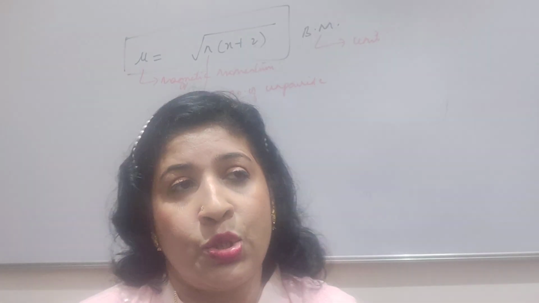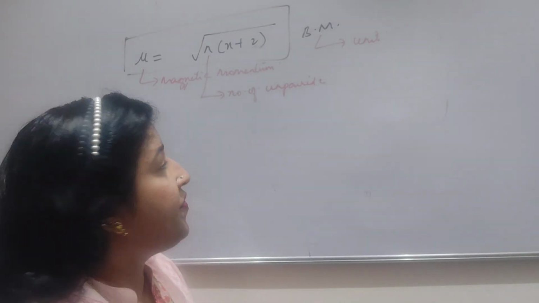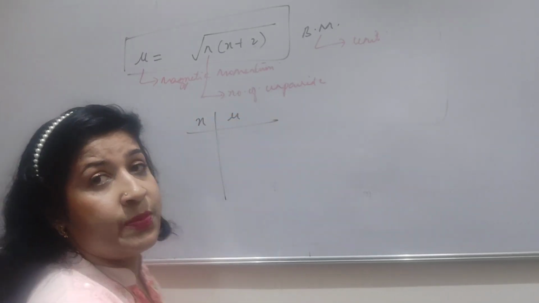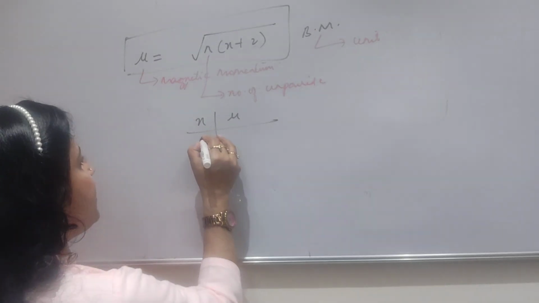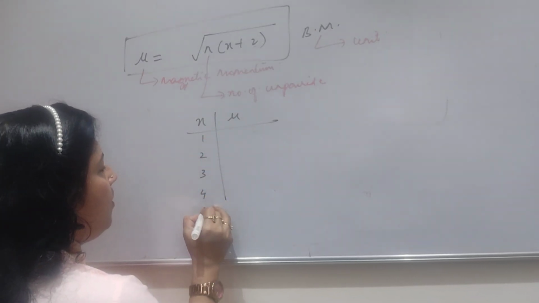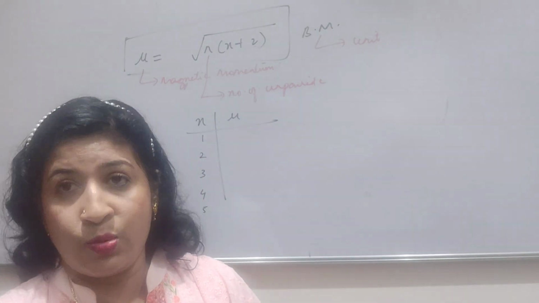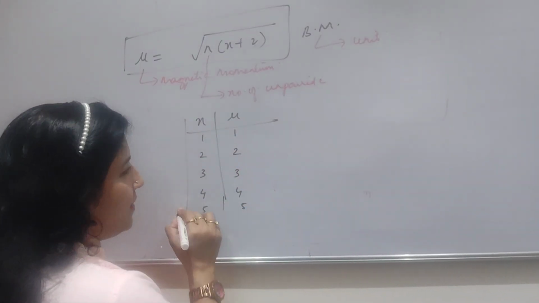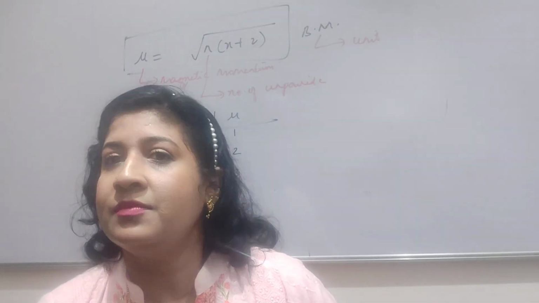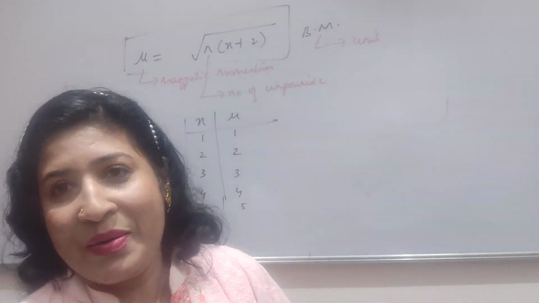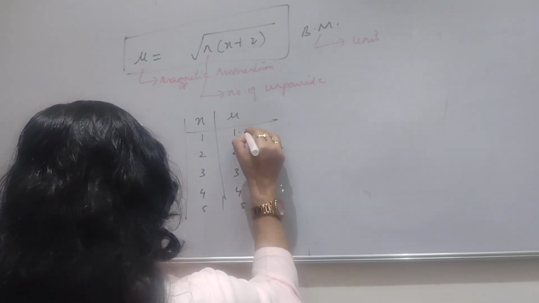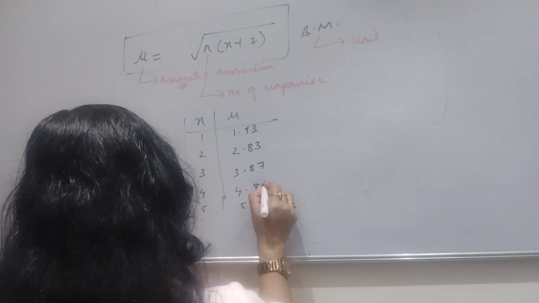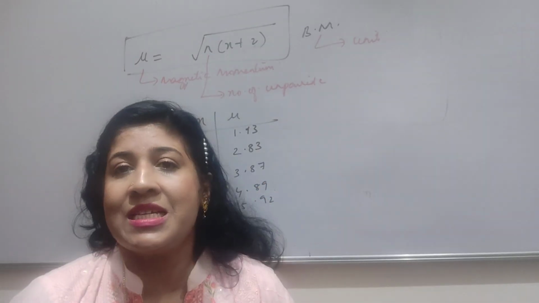Now, if this is understood, there is a simple way of remembering. Depending on the number of unpaired electrons, the spin magnetic moment can be calculated. If the number of unpaired electrons is 1, 2, 3, 4, 5, then mu will be 1.73, 2.83, 3.87, 4.89, 5.92.